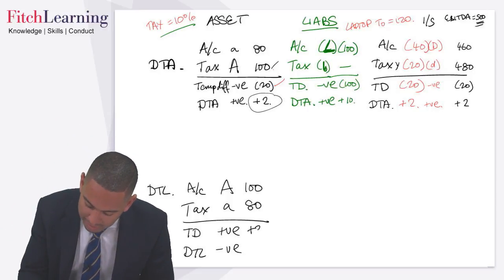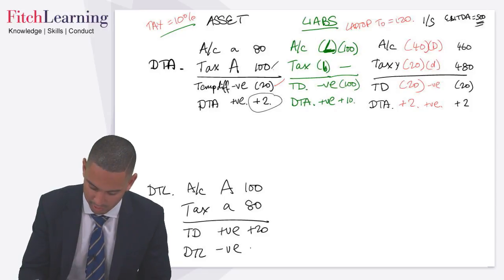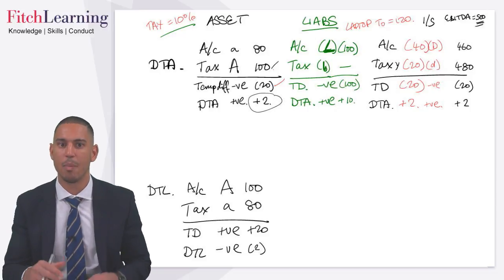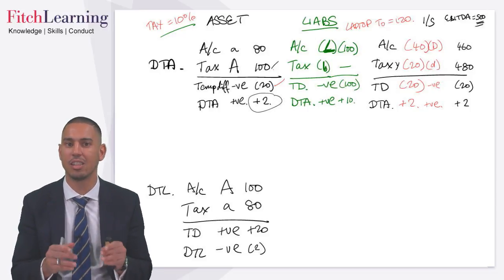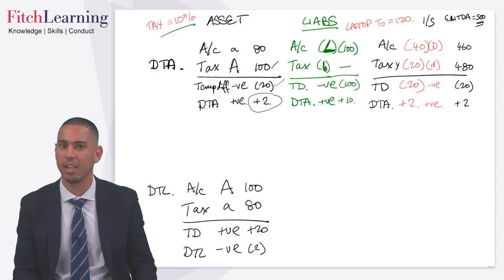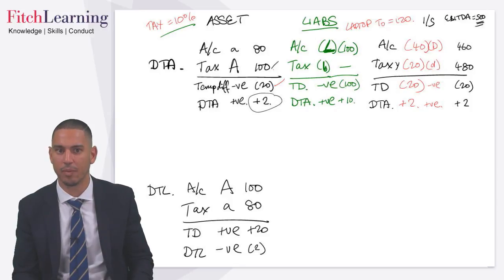And that $20 gain will incur a tax charge. At 10%, I'm going to say it's going to be $2. But I'm not going to incur that tax charge today because I'm not selling the asset for 100 today. I'm going to defer that gain to the future.